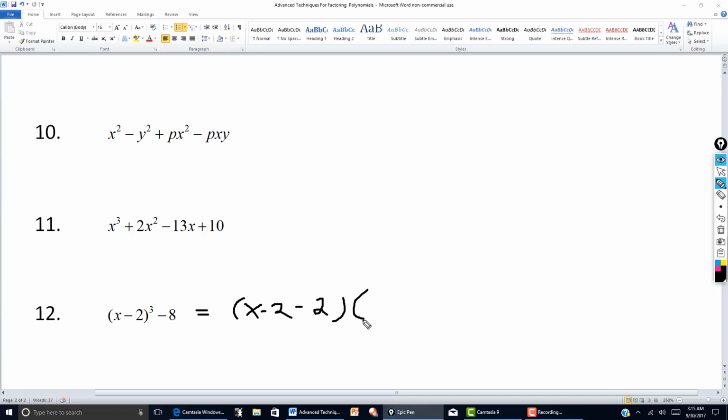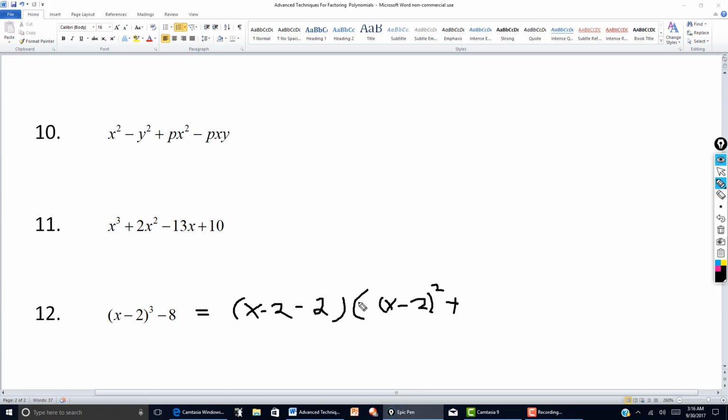And then the formula tells you that the second factor will be the first root squared, so this will be (x minus 2) squared.